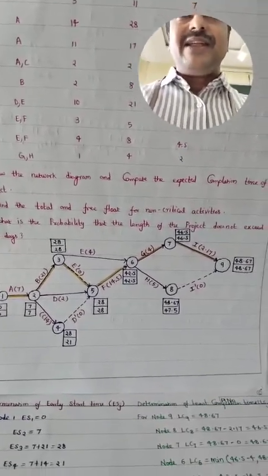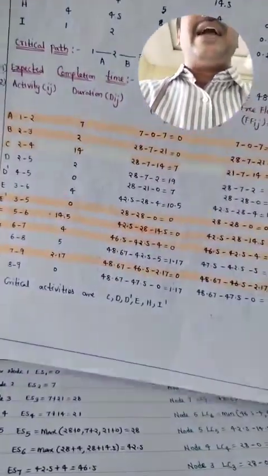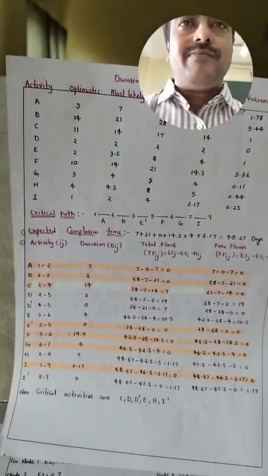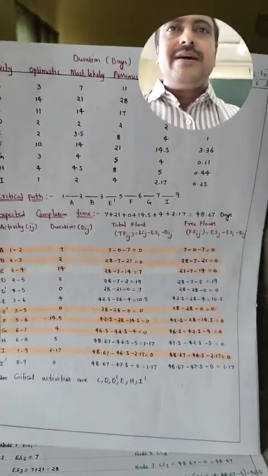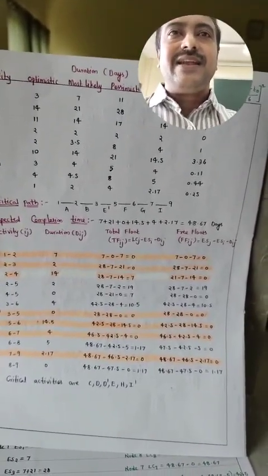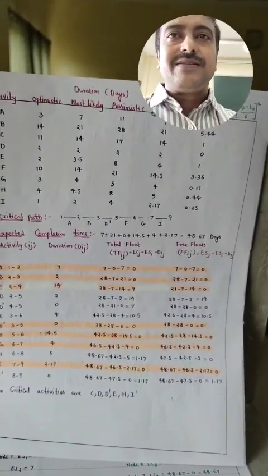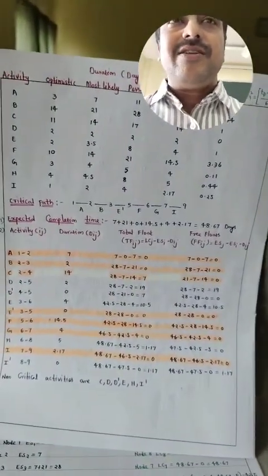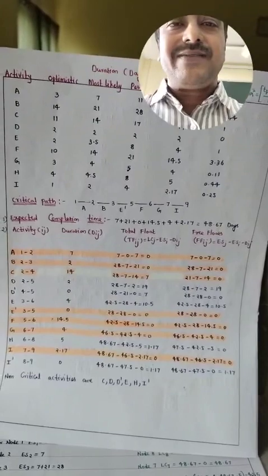Right. For writing the values, I am considering a table in which the activities are taken with the optimistic time, most likely time and pessimistic time, and the mean duration is calculated by T0 plus 4Tm plus Tp by 6.